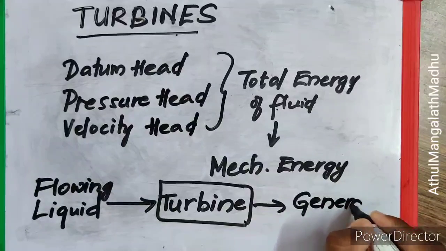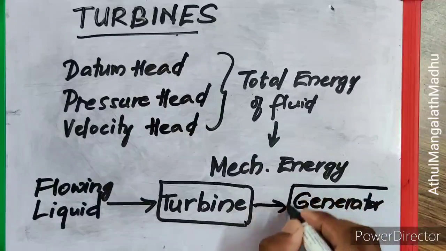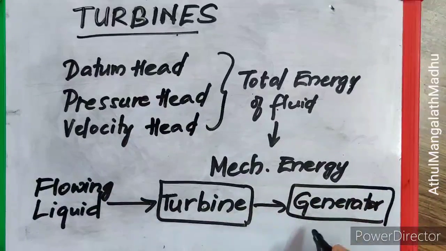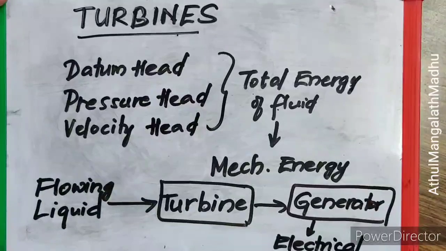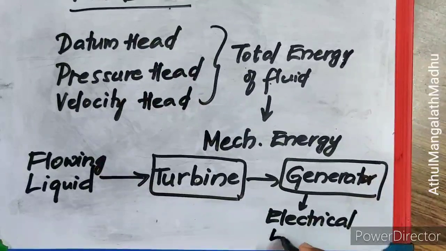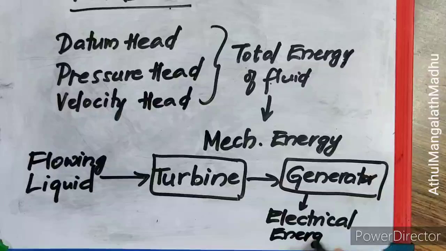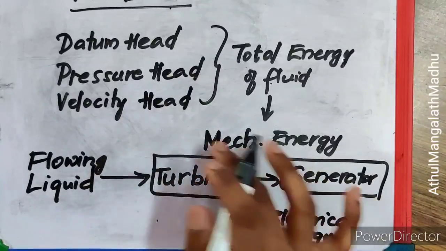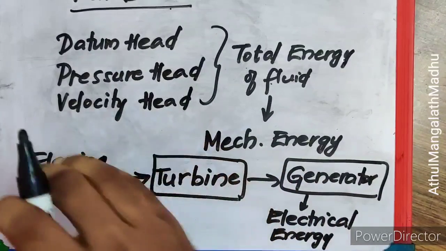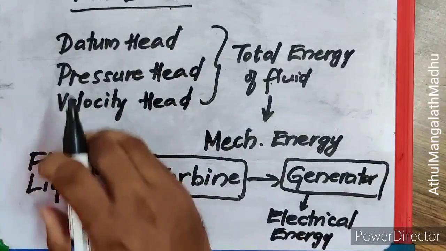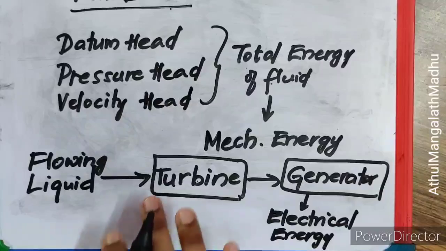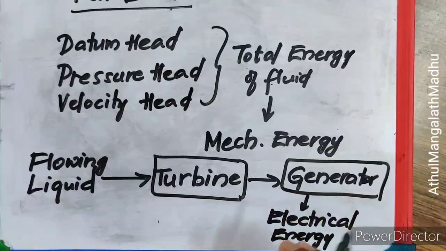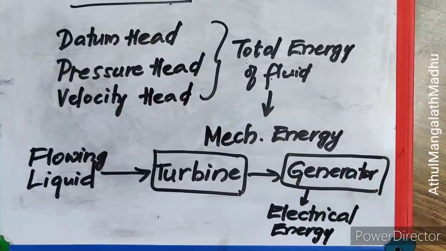The generator converts this mechanical energy into electrical energy, and that's how electricity is produced. So the turbine gives the mechanical energy to the generator, and the generator develops the electrical energy.